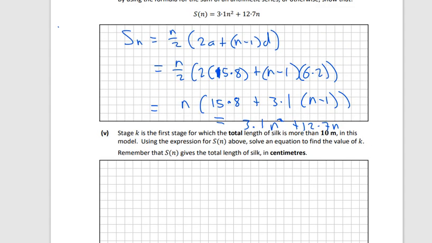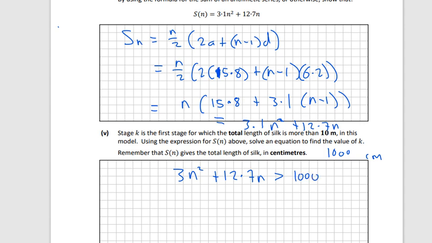Right, so for this then, first of all, 10 meters is the same as 1000 centimeters. We're just multiplying by 100. So 3.1n squared plus 12.7n has to be greater than 1000.